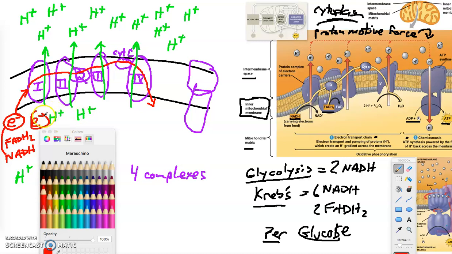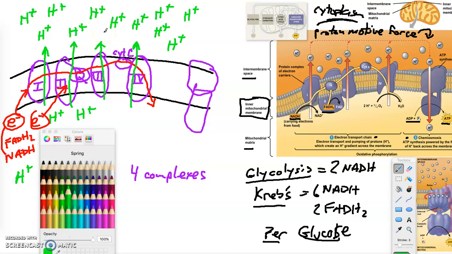It does it in a little bit different way, a little bit downstream. No big deal, just letting you know that it's a little bit different the way FADH2 deposits its electrons into the electron transport chain. But the main idea here is that they're going to build up this really strong sort of force across the top here.